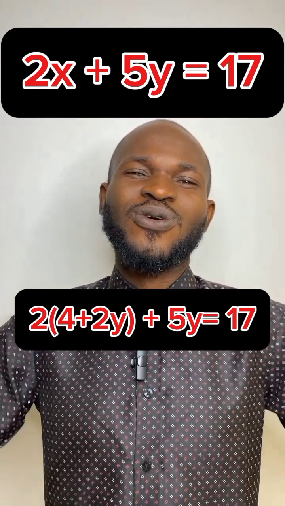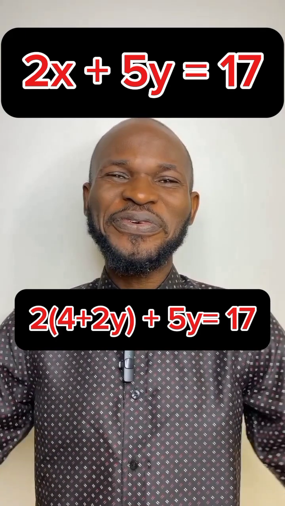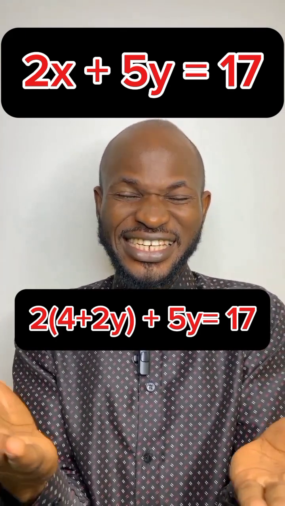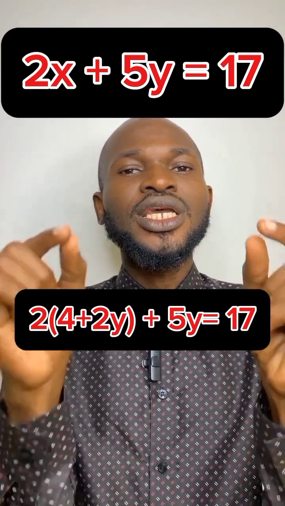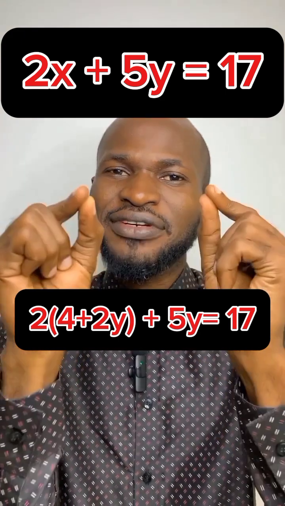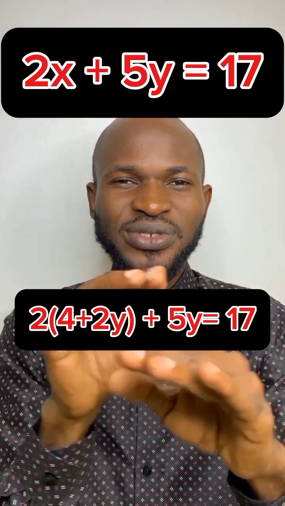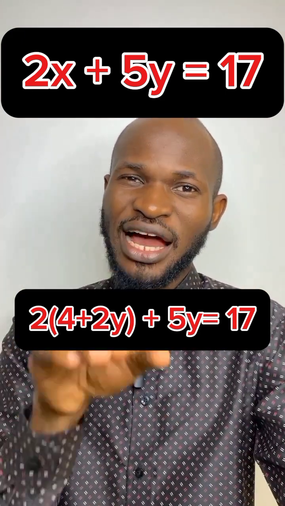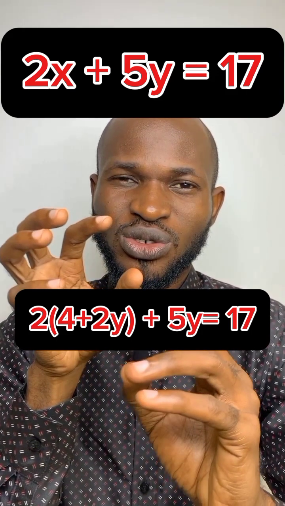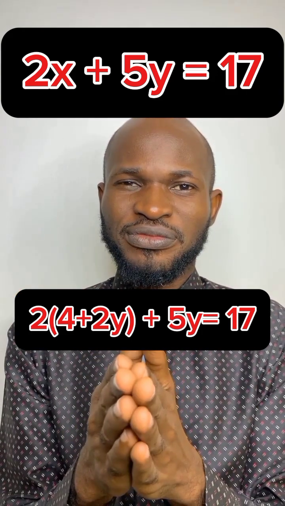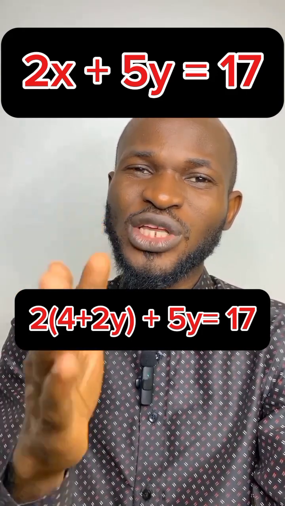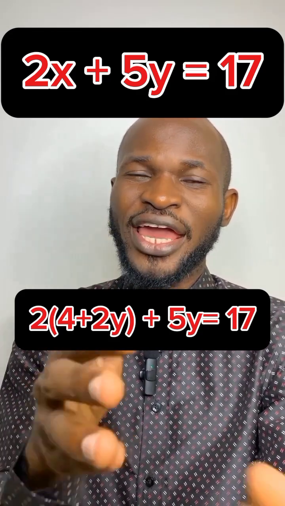So you can now solve for y. Simple. Is that easy? We don't have x to deal with anymore. We only have y to solve. We are only going to focus our attention now on y.